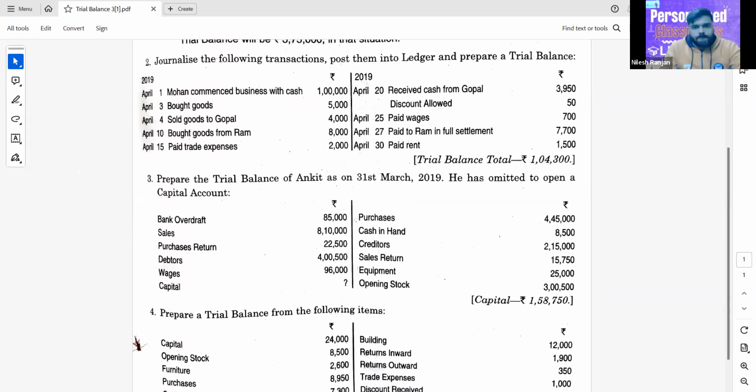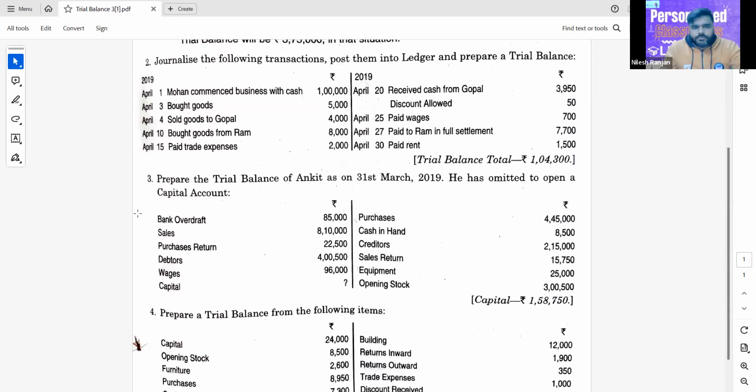Then April 4th, Gopal's account debit to sales account. Okay. And then April 10th, purchases account debit to Ram's account. Is it right? I was kind of confused. Yes, it will be purchase account debit to Ram.